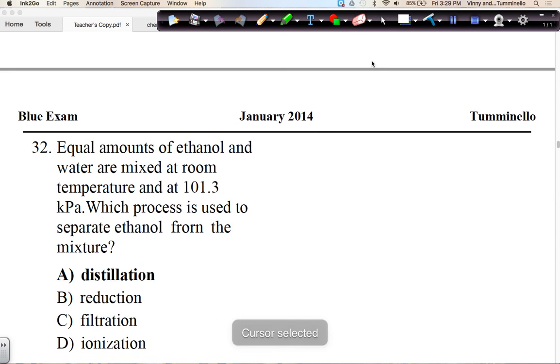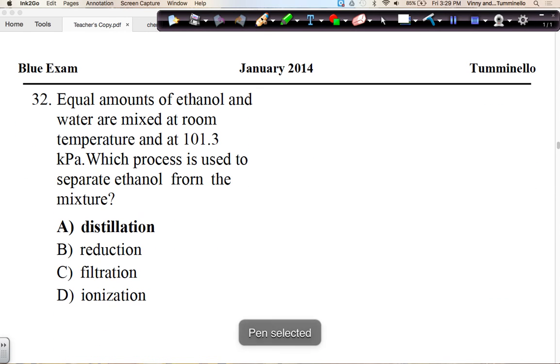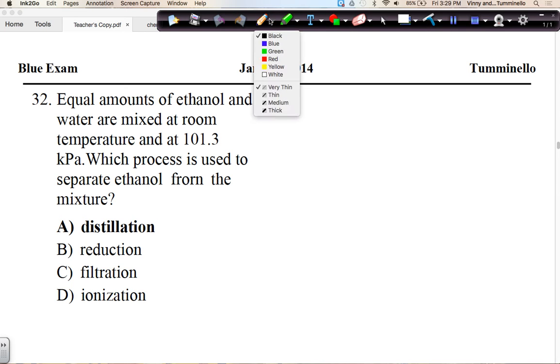If we look at number 32, it says equal amounts of ethanol and water are mixed at room temperature at 101.3 kilopascals.